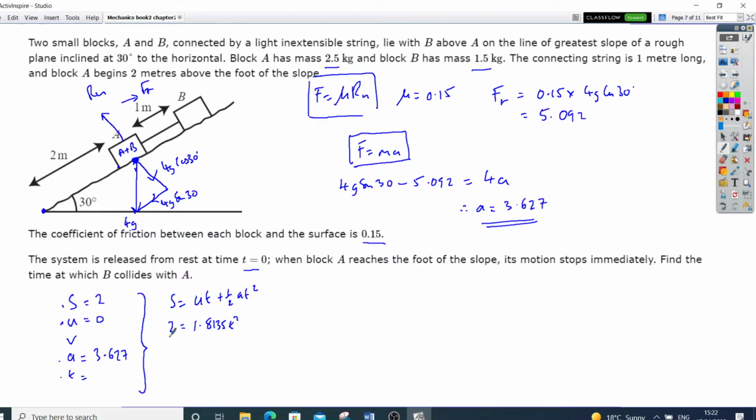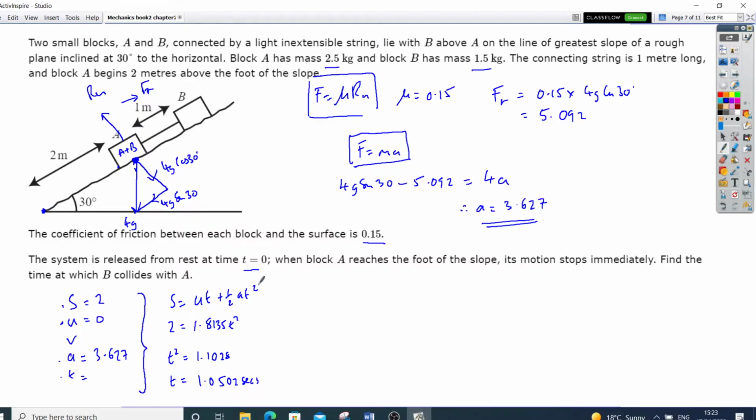So that's going to give me t squared. Once I divide that through, it's going to give me 1.1028, and if I square root that, that'll give me 1.0502 seconds. So that's the time it will take when A hits the ground.